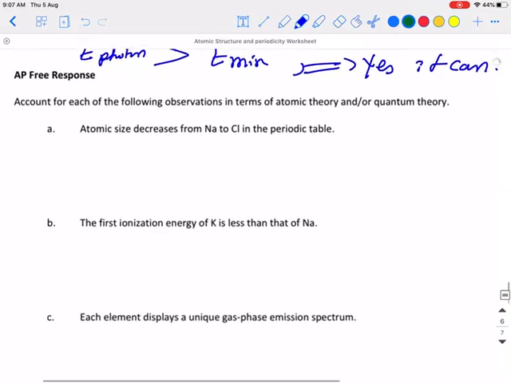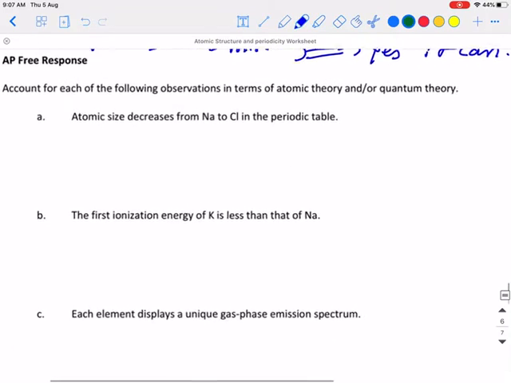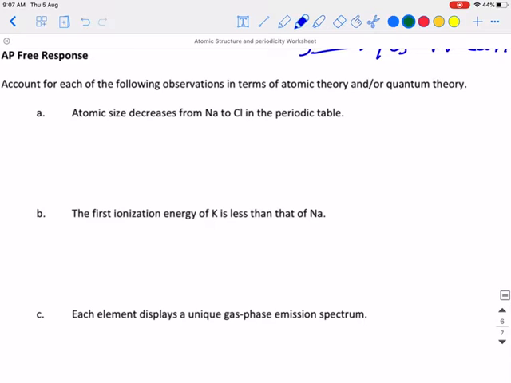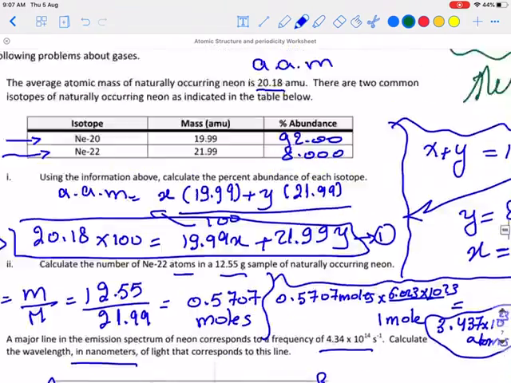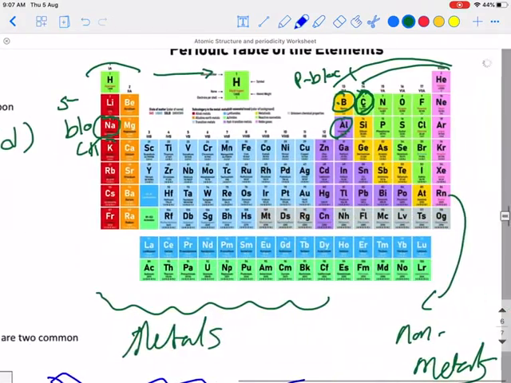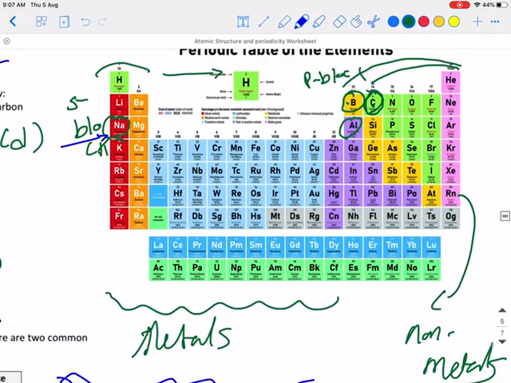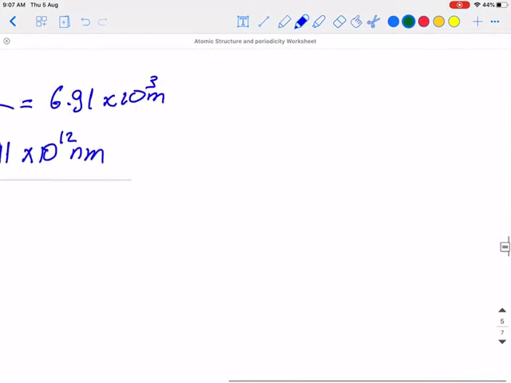Now, we want to account for each of the following observations in terms of atomic theory or quantum theory. Why the atomic size decreases from Na to Cl. In the periodic table, we see that Na is in period 3 and Cl is also in period 3. But across the period, we said that the atomic radii decreases. Let us see why.